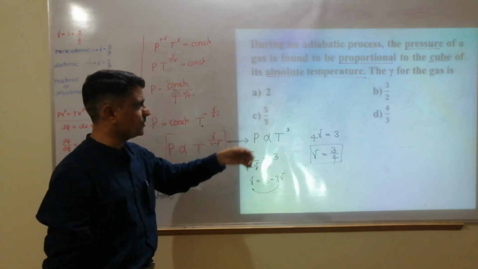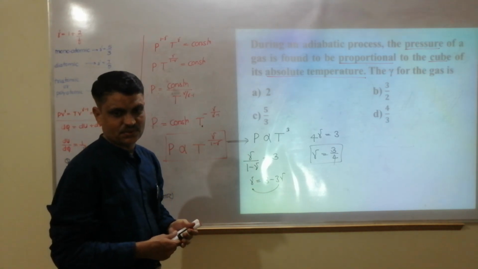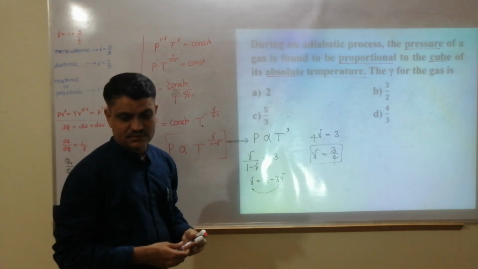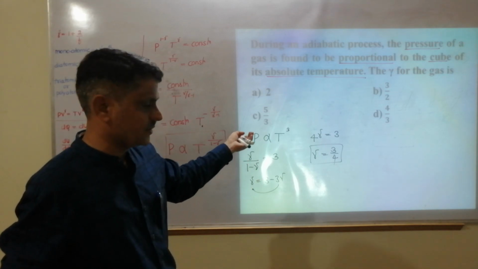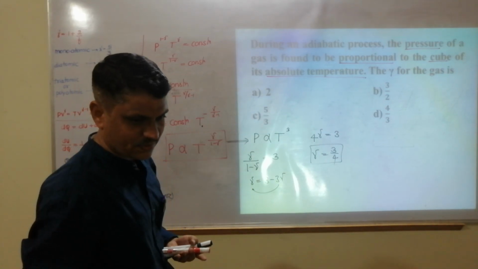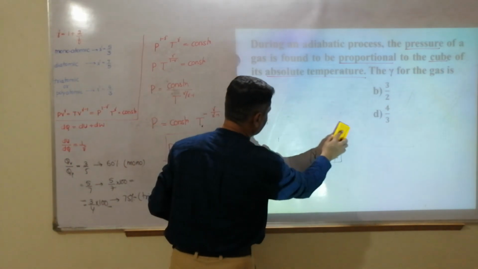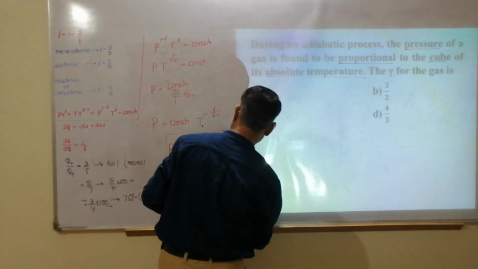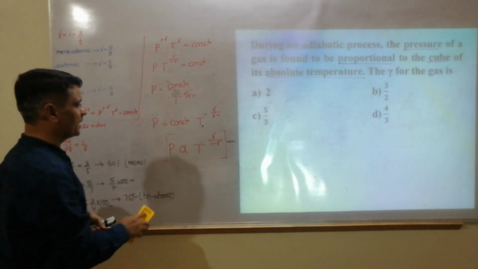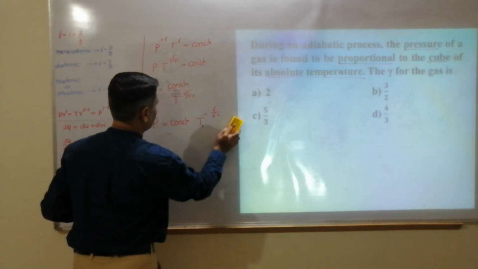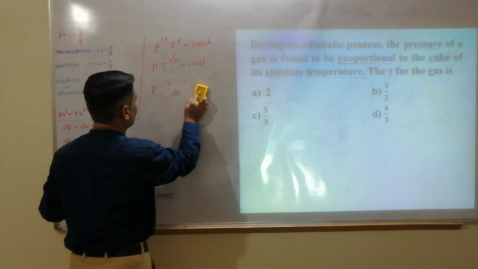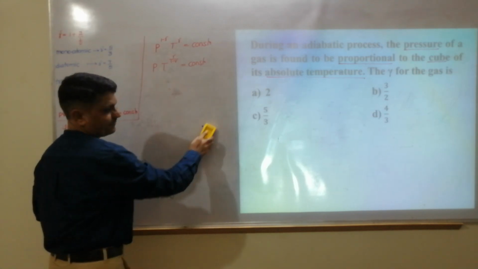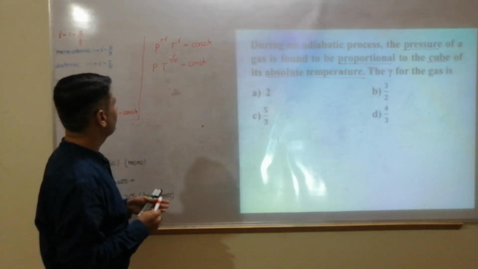Or otherwise, just we have to see the options. Okay, I'll clear you this later, whether I am wrong or the options, right? But simplification, do like this. Or otherwise you can do in another way. I'll check in another way.